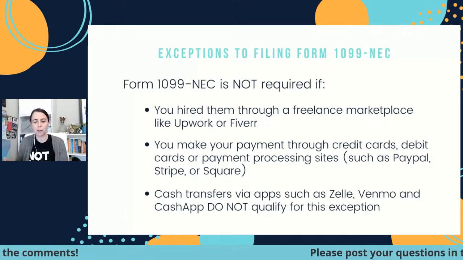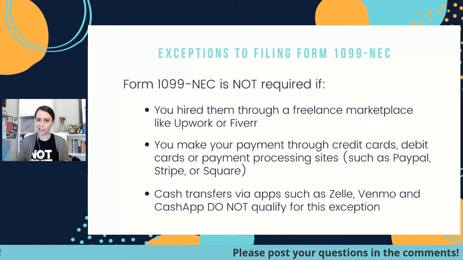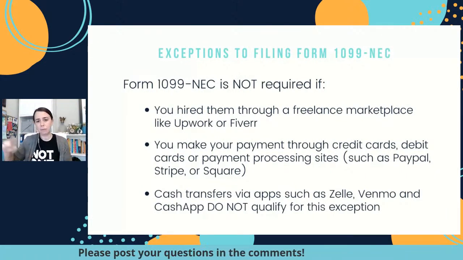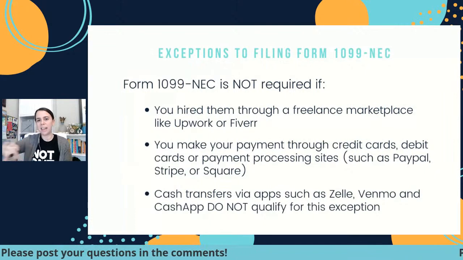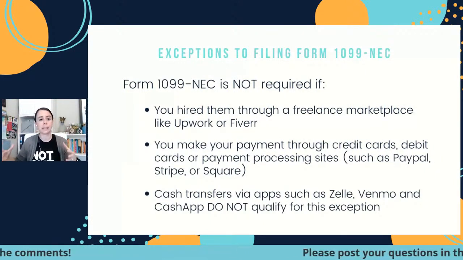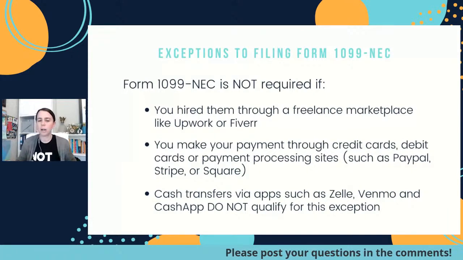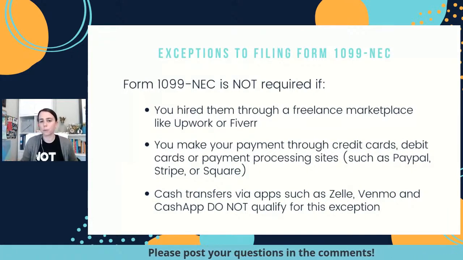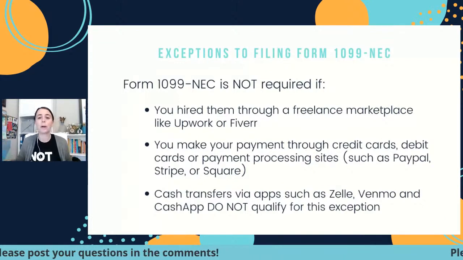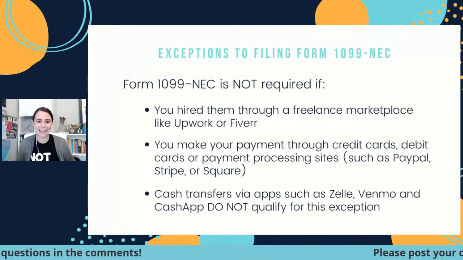They actually issue what's called a 1099K, not an NEC, but it's basically the same idea. And they have to issue those to people that they distribute money to via their site, okay? So this is the big exception. I pay a lot of my contractors through Square or through Stripe, and because of that, I don't end up having to issue them 1099 NECs.